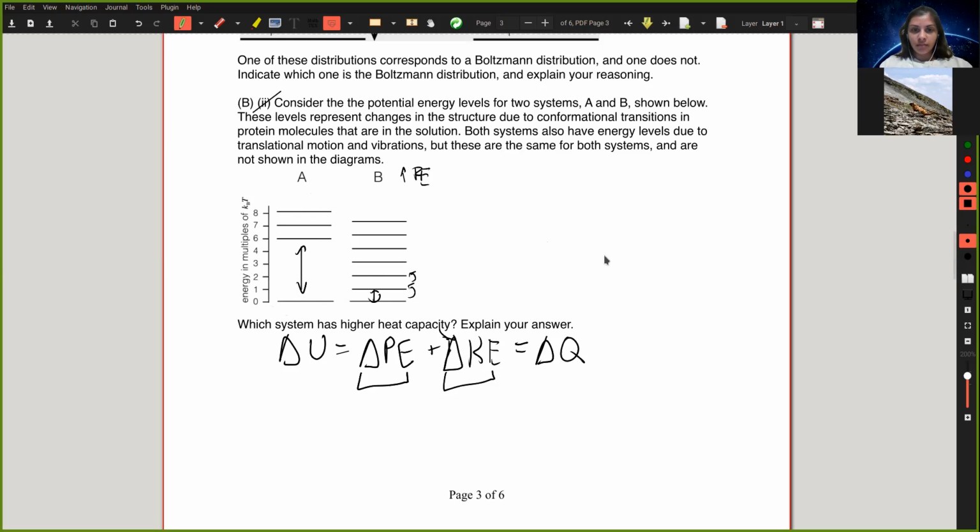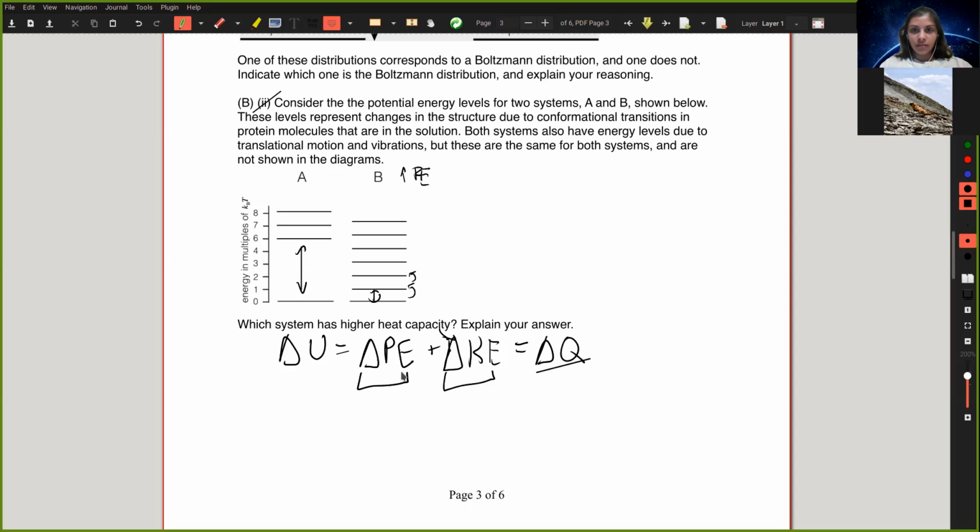Could you explain why that big gap means that more energy would go to the kinetic energy and not the potential energy? Right, yeah. So again, going back to this equation, for a given input of heat, and let's assume this is just some constant number, since we're talking about heat capacity, we want this per unit of heat input.